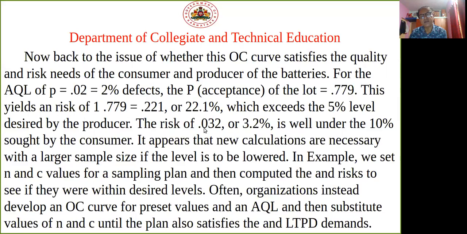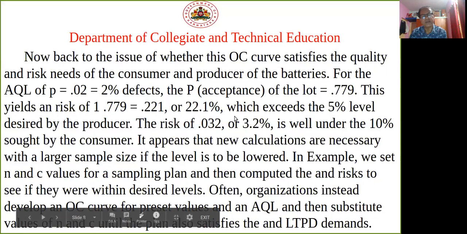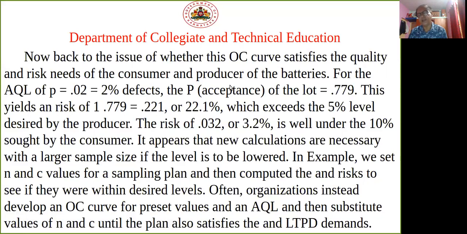Now the risk of 0.032, or 3%, is well under the 10% sought by the consumer. So it appears that new calculations are necessary with a larger sample size if the level is to be lowered.